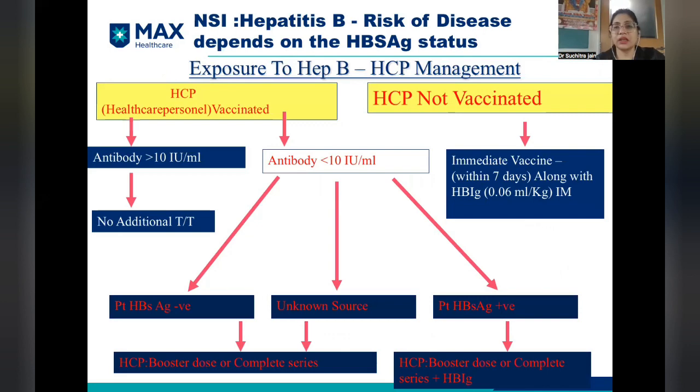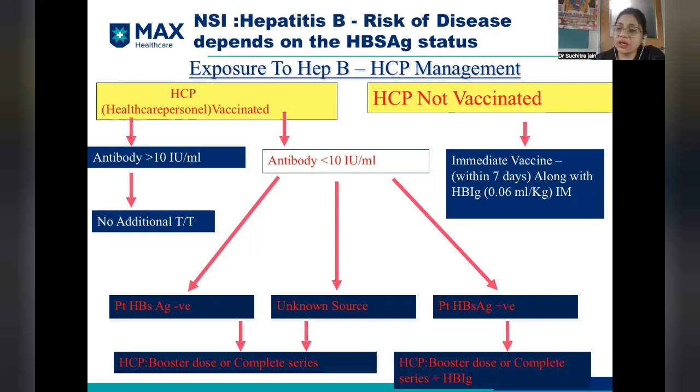So if the staff is vaccinated and antibody titers are more than 10 international unit, which is a norm, we need not give any additional immunoglobulins in that case. So the person who has got needle stick injury, first thing to be asked is, is he vaccinated or not? If not vaccinated, there's an immediate vaccine along with hepatitis immunoglobulins. That is what is required, and it should be given in a dose of 0.06 ml per kg intramuscularly.